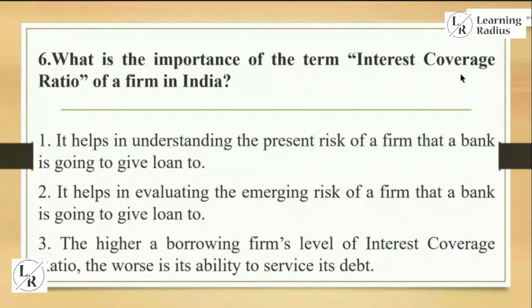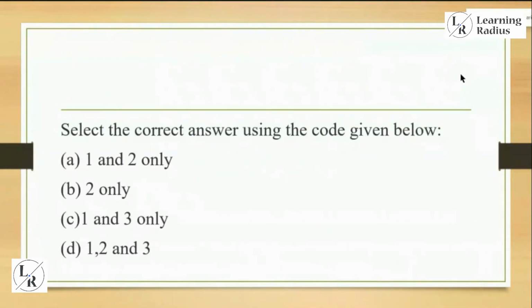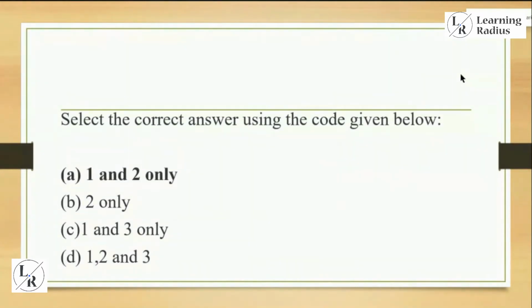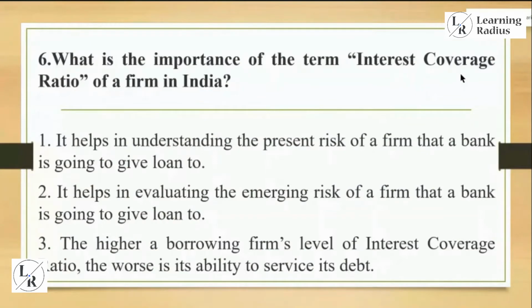Interest coverage ratio of a firm, that is not an easy term. If you read the newspaper, you come across the term many times. Other than that, you can refer to interest coverage ratio in a normal book most of the time. Select the correct answer using the code given below: 1 and 2, 2 only, 1 and 3, 1, 2 and 3, and the answer is 1 and 2.